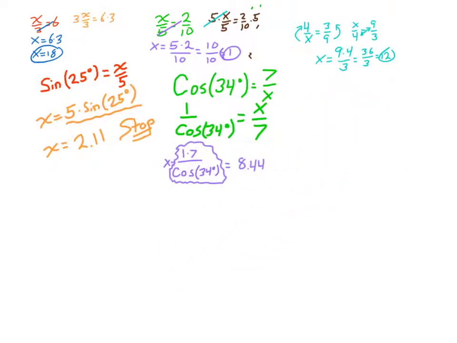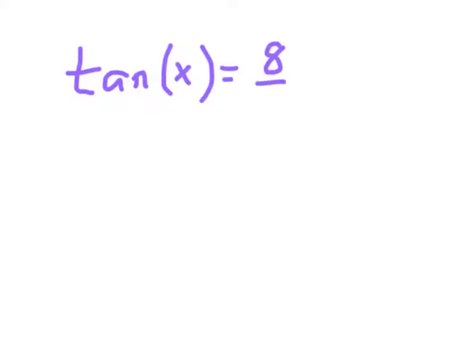Okay. At this point, I've got one more, and I'm not really sure how it's going to fit in here. No, actually, I'm just going to jump to a new slide because it's kind of a big deal. So here, there we go, new slide. This one is using the tangent of x equals 8 over 10.